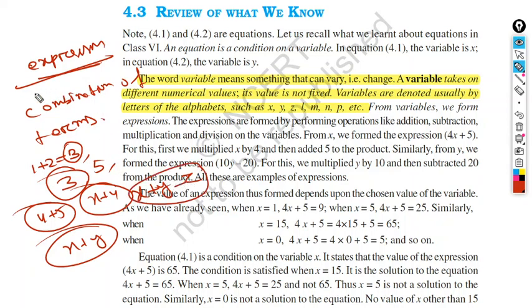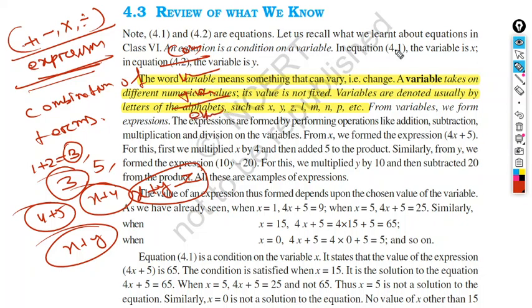So expression is nothing but the result of combination of terms through various operations. What are the operations? Plus, minus, multiplication and division. So we have discussed constant, then variable, then term, then expression.